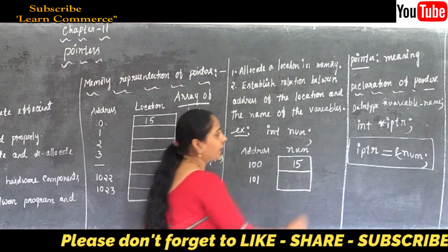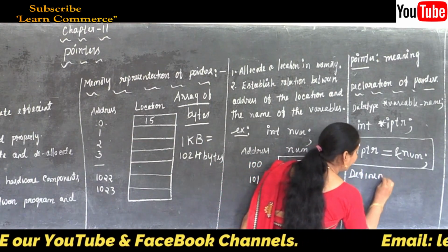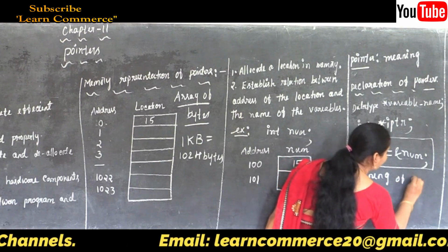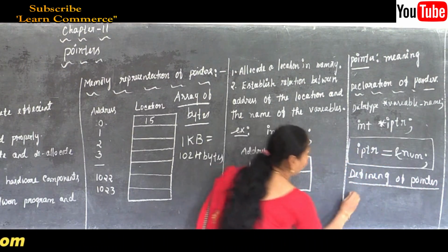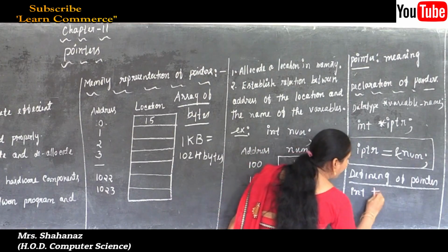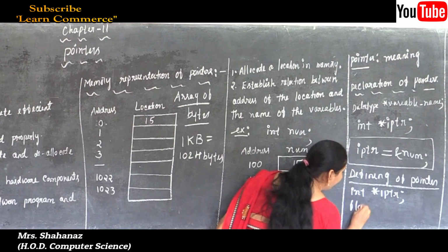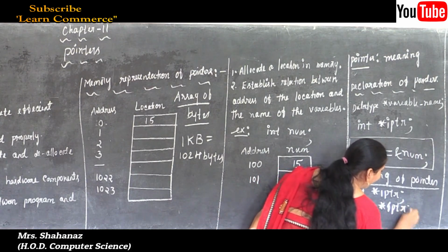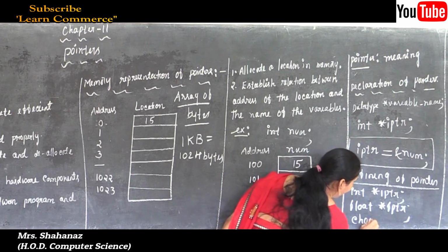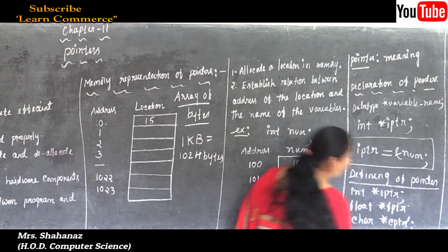And next, let's see some examples of defining pointers. I am going to define some pointers. Maybe the int pointer: int *iptr; or the float pointer: float *fptr; and finally the char pointer: char *cptr;. Clear this point here?